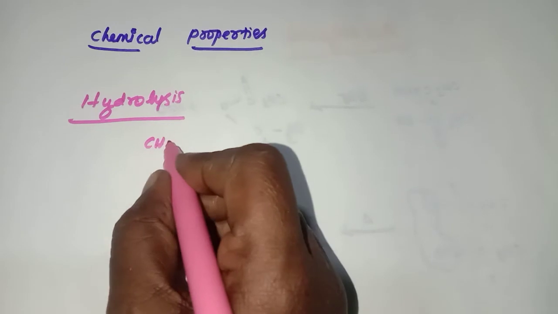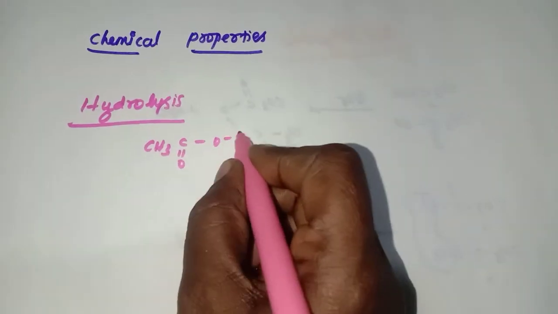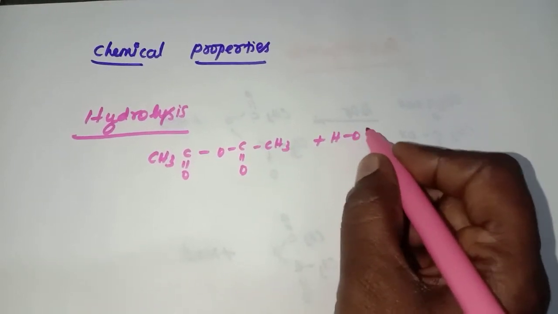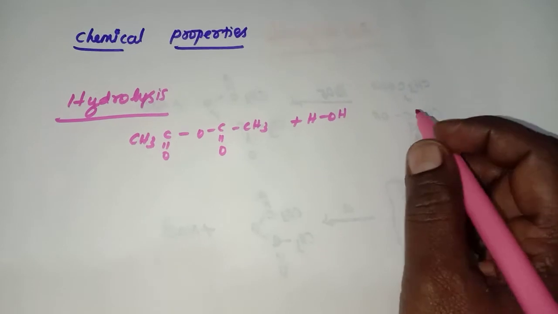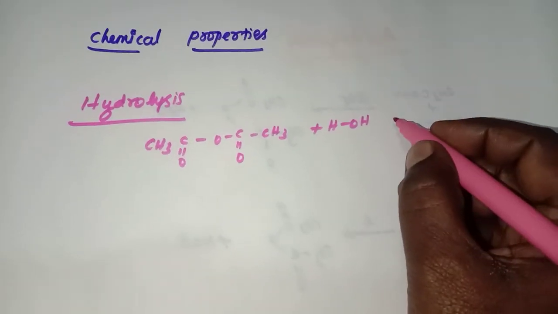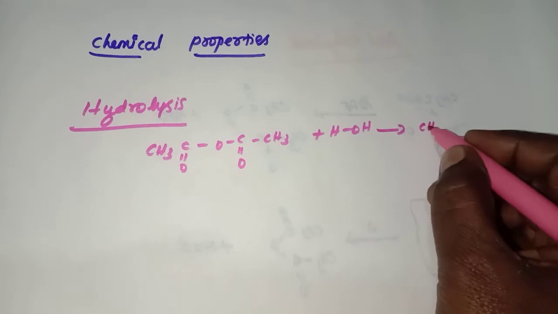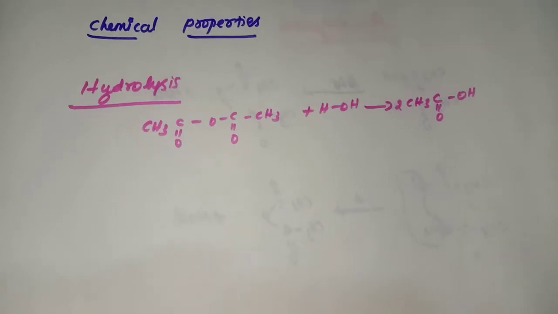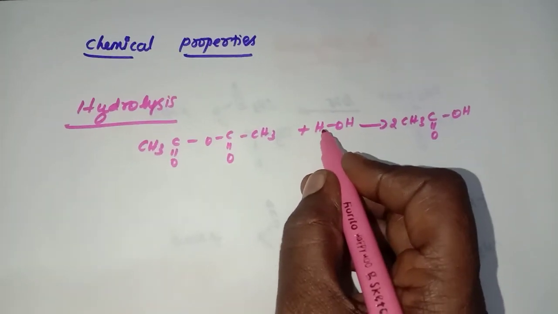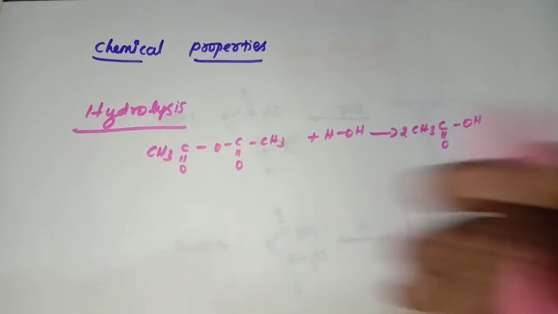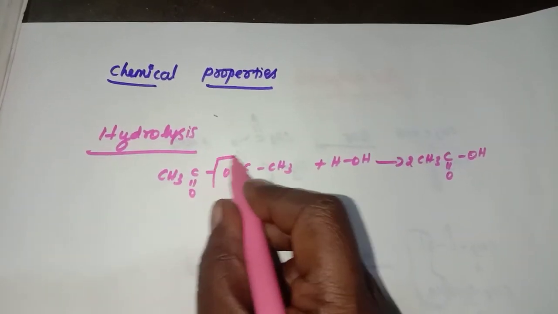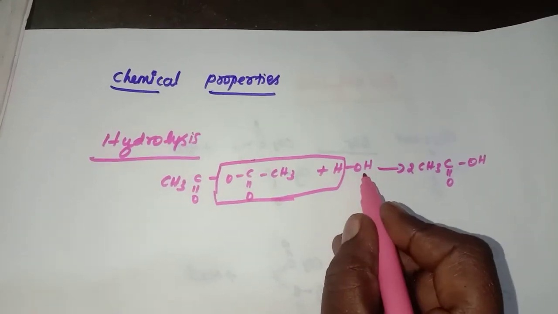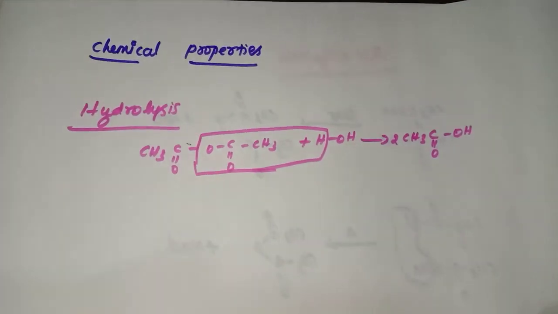When acetic anhydride, CH3C=O O C=O CH3, undergoes hydrolysis, it gives 2 molecules of acetic acid, so we will be getting CH3COOH, that is 2 molecules. This hydrogen and this one is 1 molecule of acetic acid, and CH3C=O, this OH. So 2 molecules of acetic acid will be obtained.